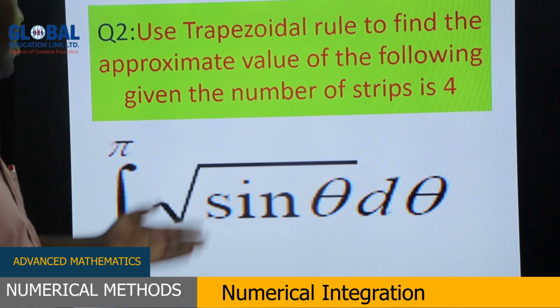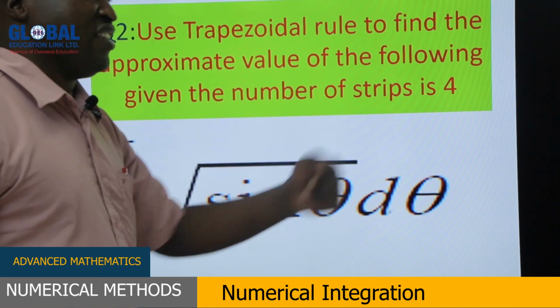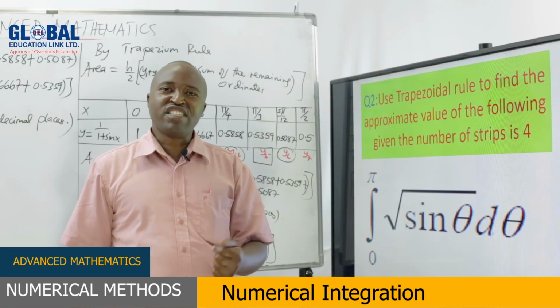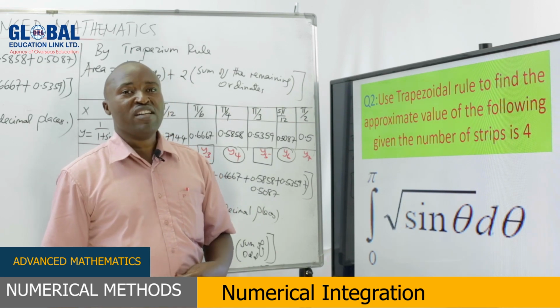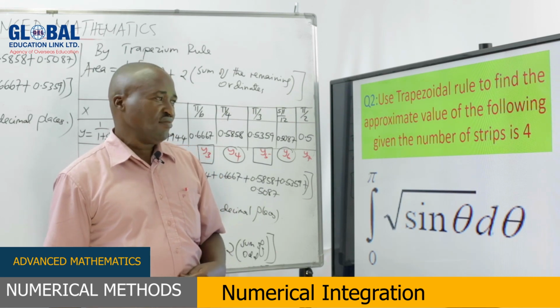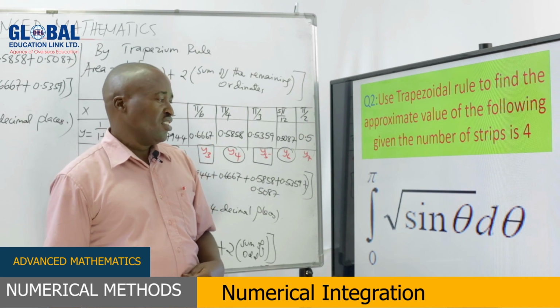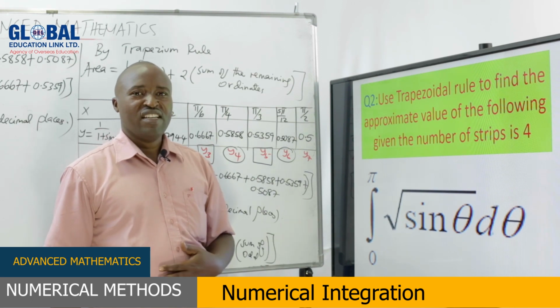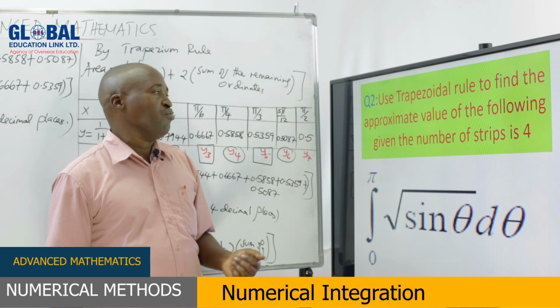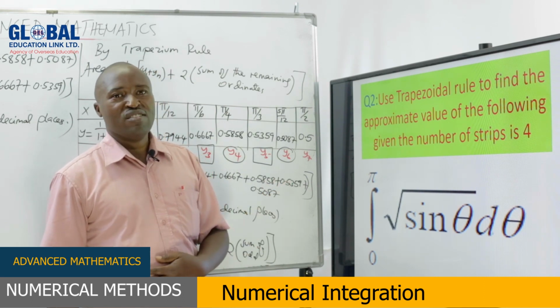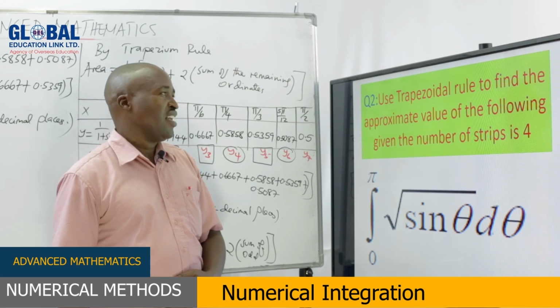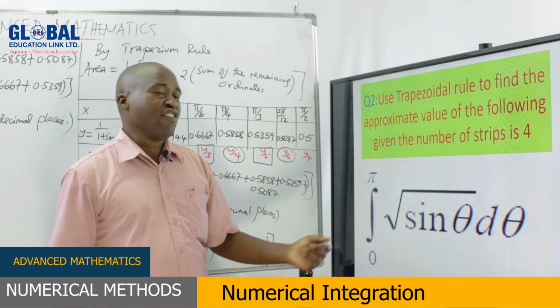So this time we have the number of strips. When you have the number of strips, we just divide by 4. There is no need of taking away 1. So even this one, it will be easier for you to approximate the area of this curve.